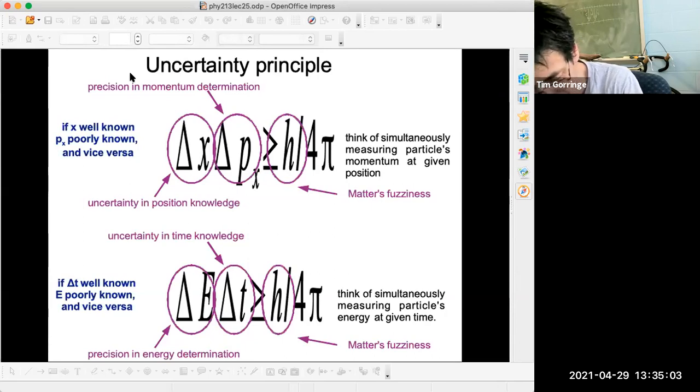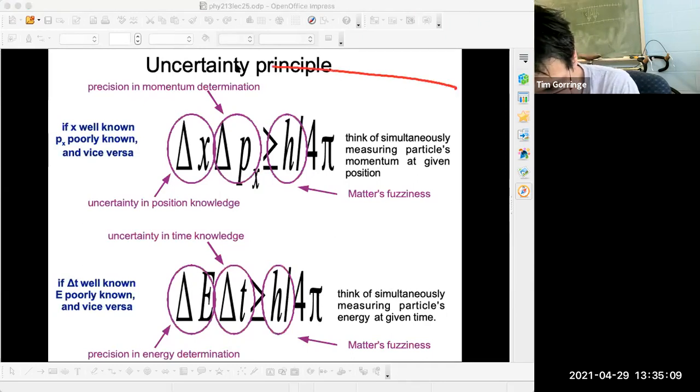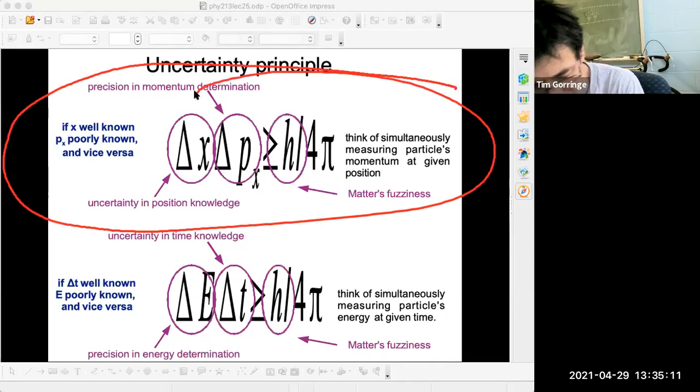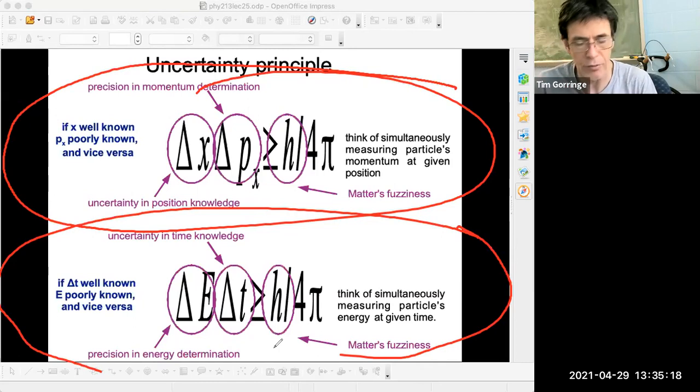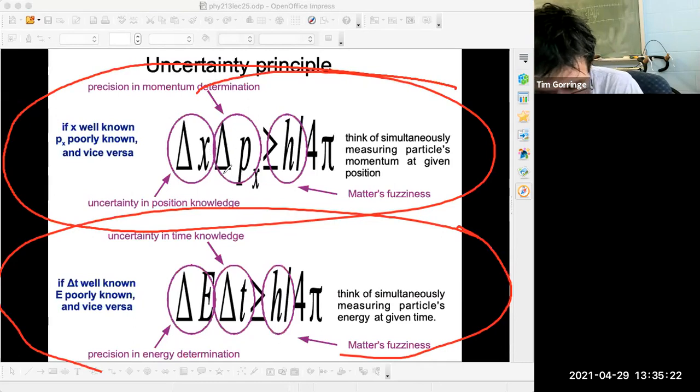Here's equations that describe the uncertainty principle. Let's start on this top one. This is the most familiar one, and then we'll go on to this bottom one. This is also a well-known uncertainty principle. So if you look at this equation, it looks sort of scary, I think, but it's not really too scary. Let's look at the ingredients.